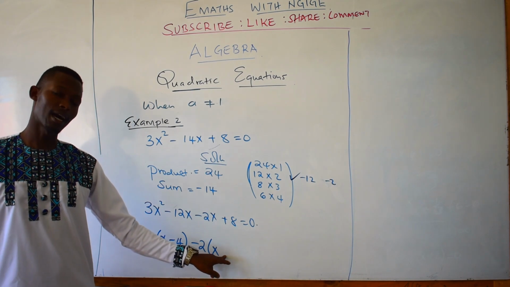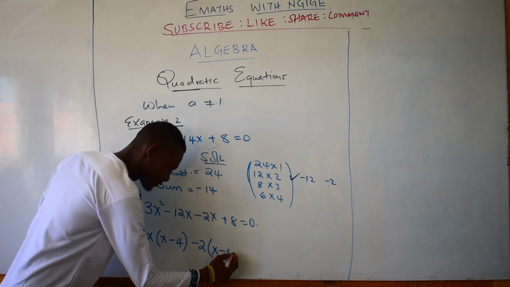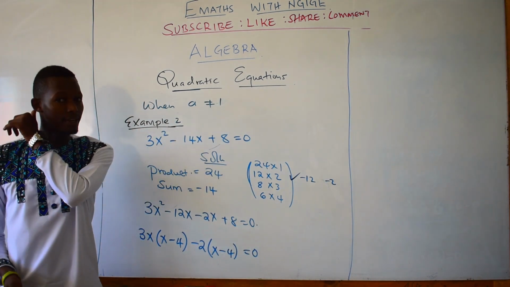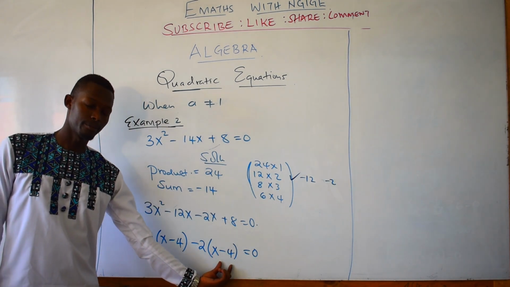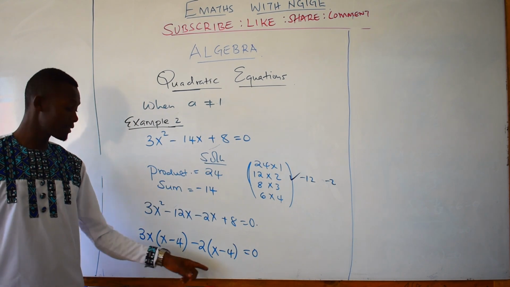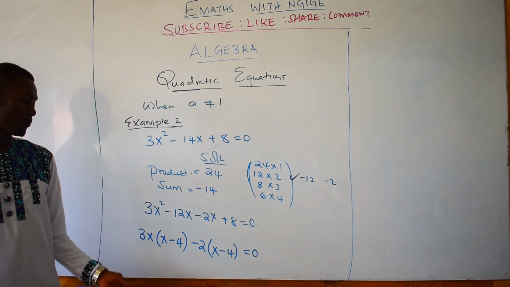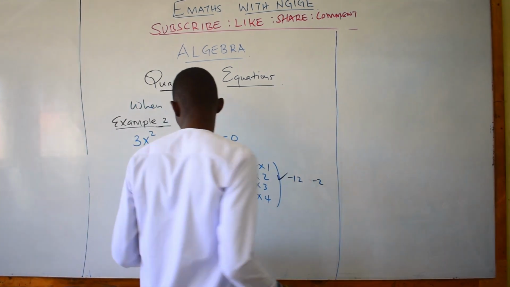A negative. Then 2 to that, then we have negative 4 equals 0. So remember, what can guide you here is that this term should be the same as this term. If this is x minus 4, then definitely the term that we're going to have here should be x minus 4.